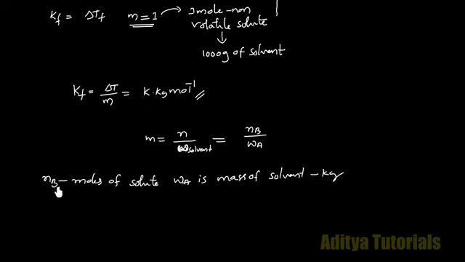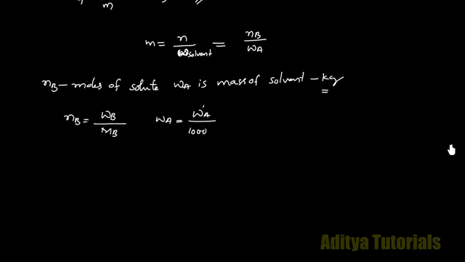And we know that the number of moles of solute can be calculated by NB is equal to the given weight of the solute divided by the molecular weight of the solute, and WA should be in kg. If it is given in grams, then the given weight of WA is divided by 1000. Okay, and by that I am going to rewrite the equation.